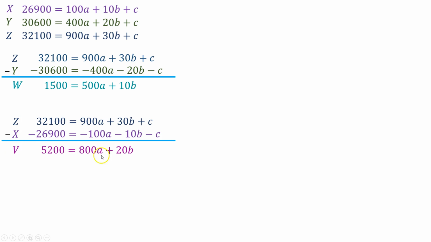Now, I'm going to take the two equations that I got that have just a and b in them and solve that system of equations. You can tell I got 10b here and I got 20b here. So if I multiply w by -2, then my b's will cancel out, right? 10b times -2 is -20b, and that'll make my b's cancel out. So I multiply everything in equation w by -2.